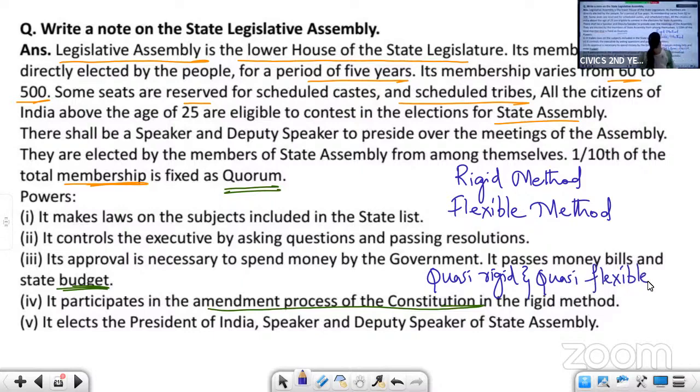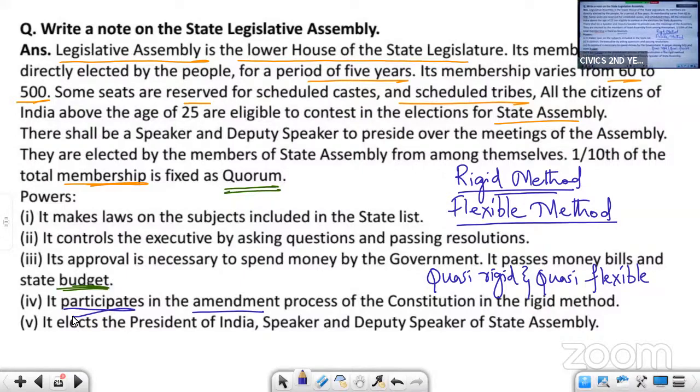So when it is the flexible method, it is only the parliament which is making amendment to the constitution. Only parliament. If the amendment is passed in parliament, then the constitution can be changed. It is flexible. If it is the rigid method, the legislature of all the states should participate in the amendment process.